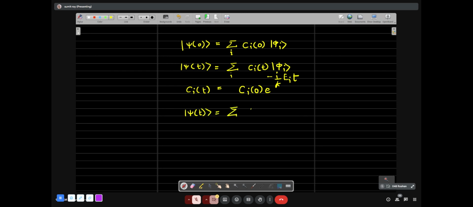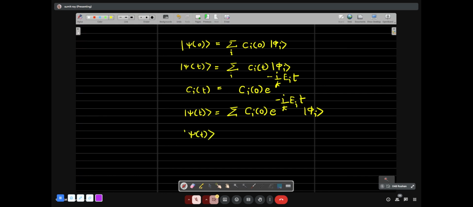summation of Ci0 e to the power minus i by h cut Eit into phi i. I have just put this Cit here. Is it okay? Yes, sir.